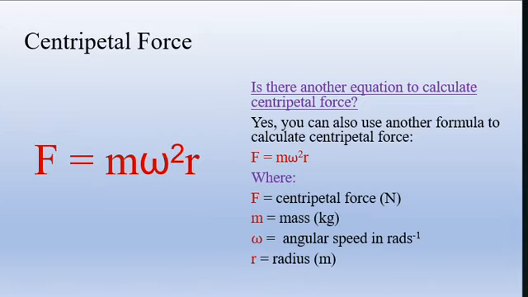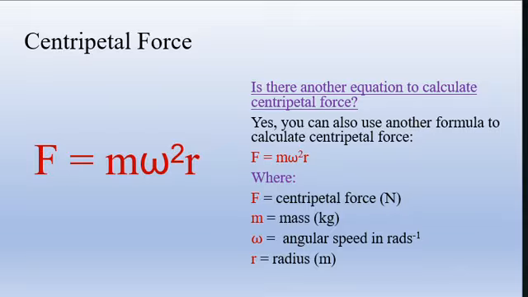Another equation we can use is F equals mass times omega squared times radius. In other words, centripetal force equals mass times angular speed squared times radius. Remember that angular speed is measured in radians per second.